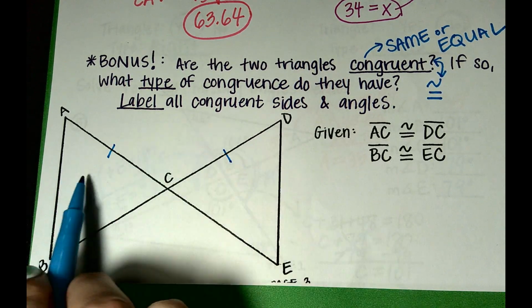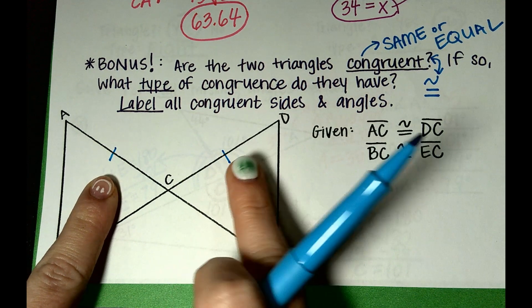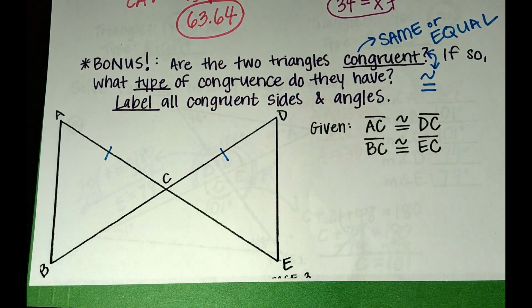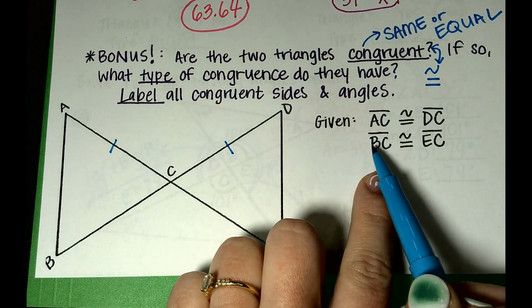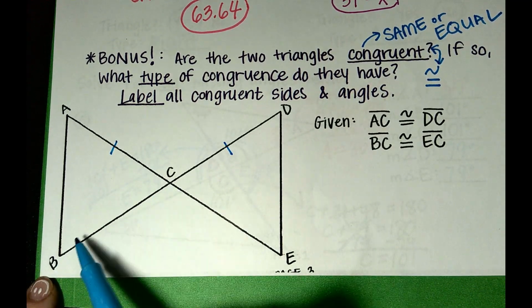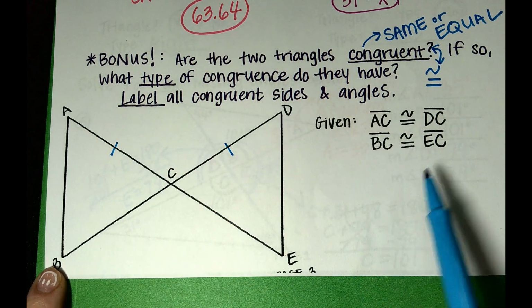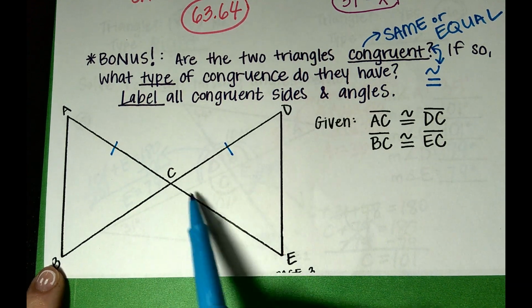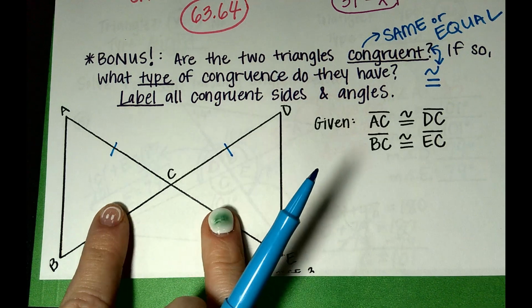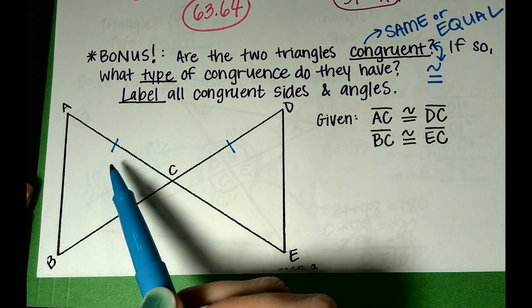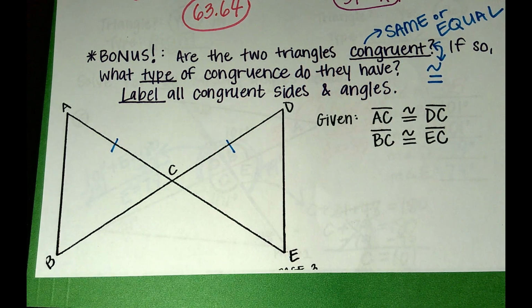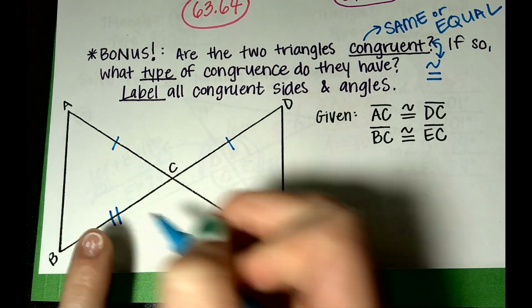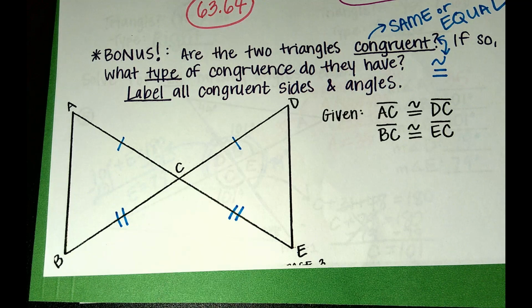One tick mark on each one means they're the same. So whatever is given, we mark that. Next, I have BC, right here, is congruent to EC, right here. So to show that those are the same, we can do tick marks again, but instead of one tick mark, we'll go up to the next number, 2 tick marks. Okay? And the outer side would be 3, right?